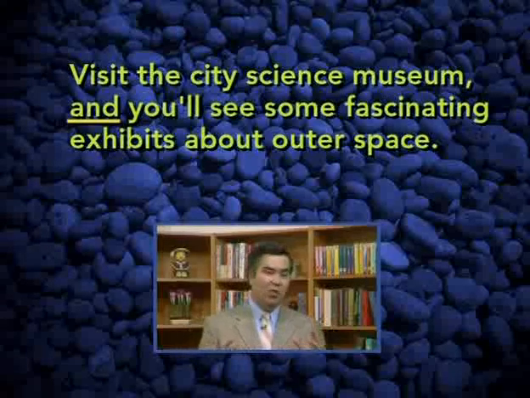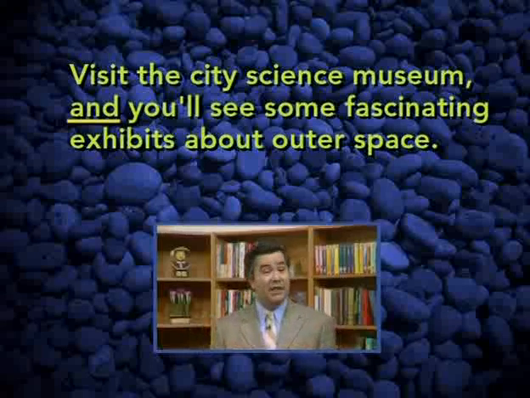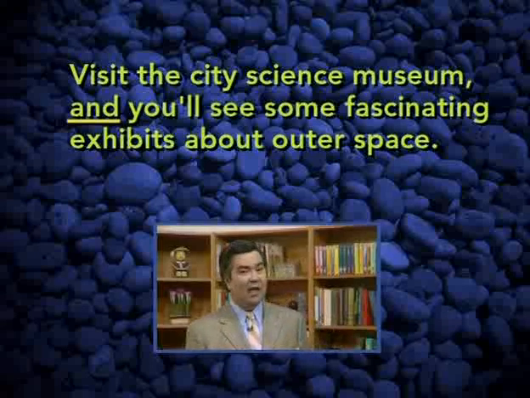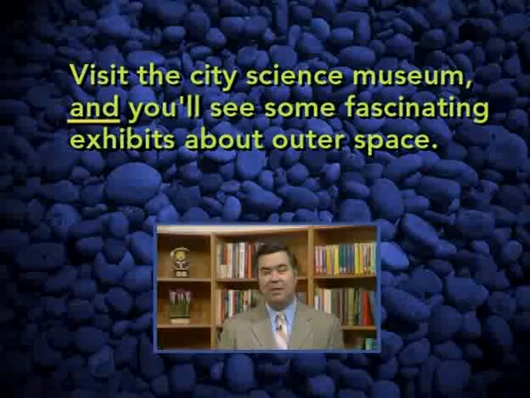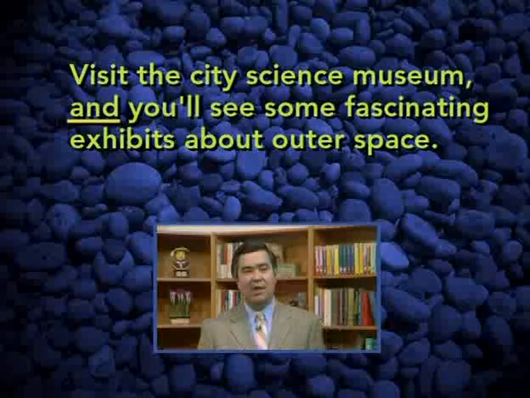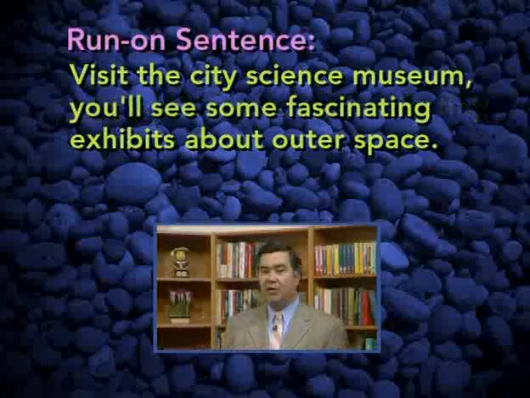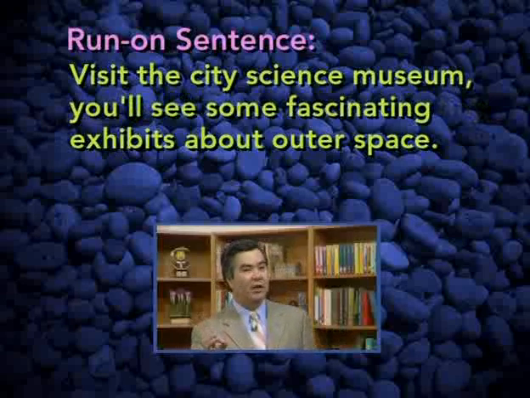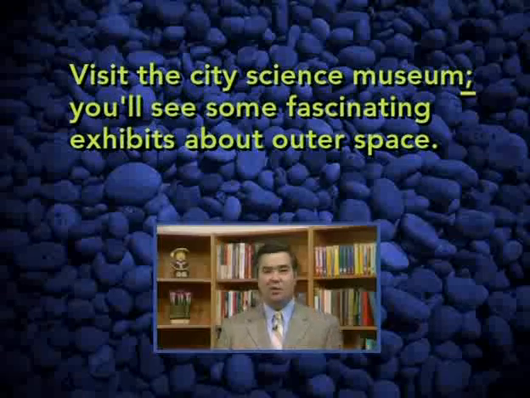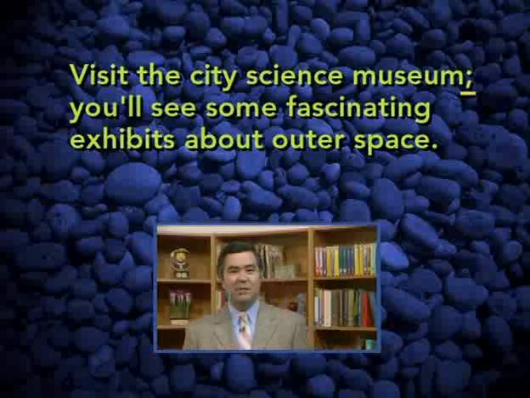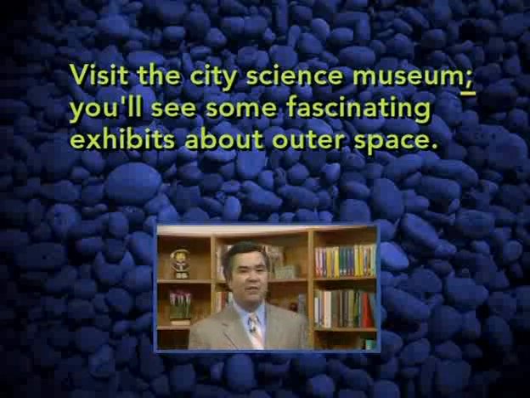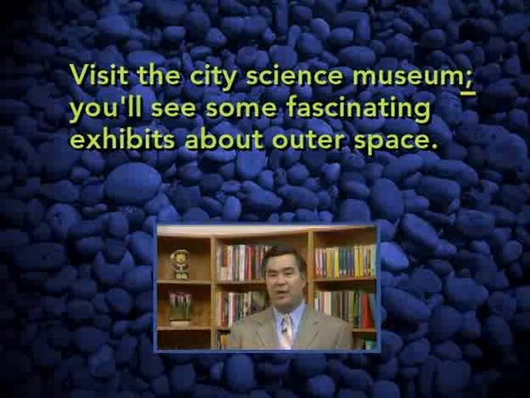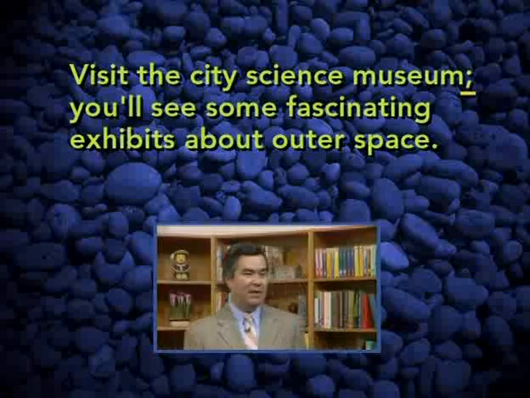So the sentence would be correct if it read, visit the City Science Museum, comma, and you'll see some fascinating exhibits about outer space. Another way to correct the run-on sentence would be to substitute a semicolon for the comma. Then the sentence would read, visit the City Science Museum, semicolon, you'll see some fascinating exhibits about outer space. That would also be correct.